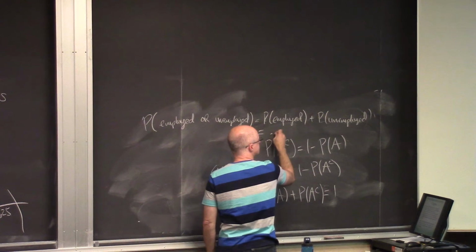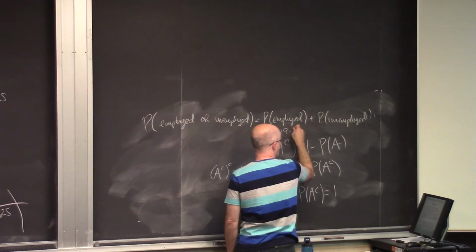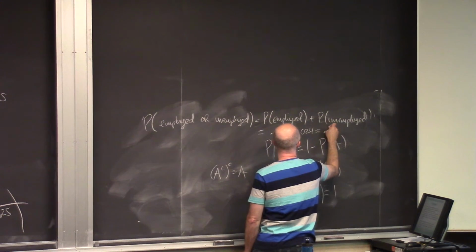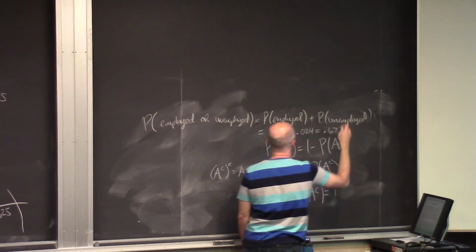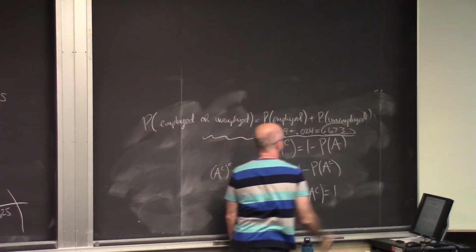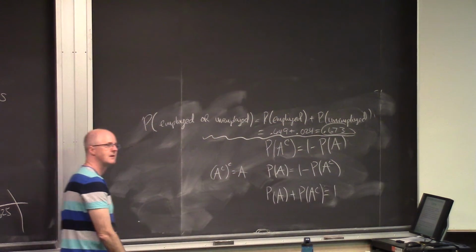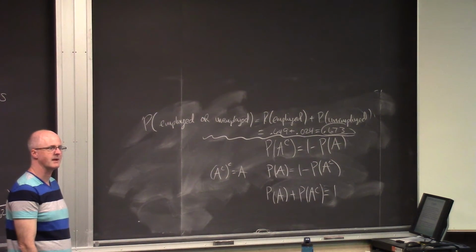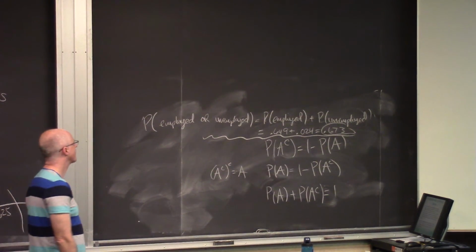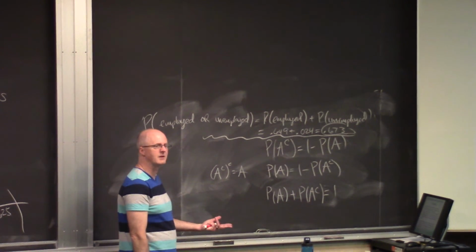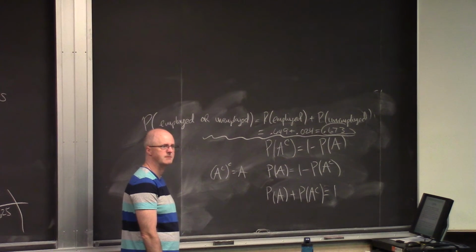So you get 0.649 plus 0.024, and that would be 0.673 for the answer. That's assuming these events are disjoint, which is a reasonable assumption to make. Okay? So there's a real life, important kind of application to be able to think about.